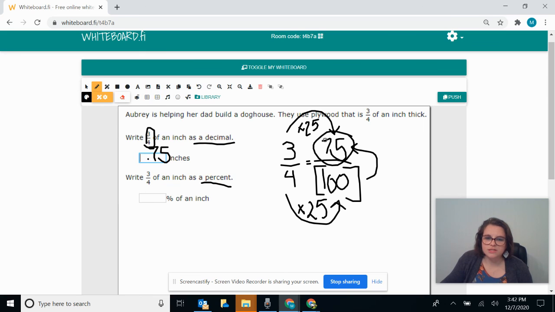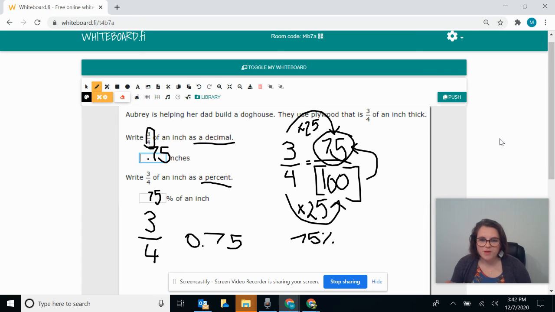Now we can do percents. 75 over 100. Since my denominator is 100, I know that I can just write 75 as my percentage. Okay? So 3/4 is the same as 0.75 and 75%.